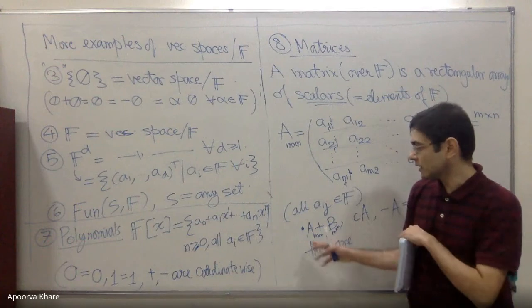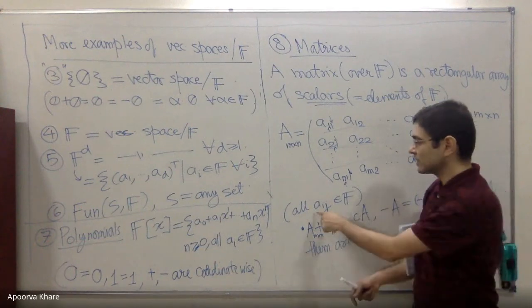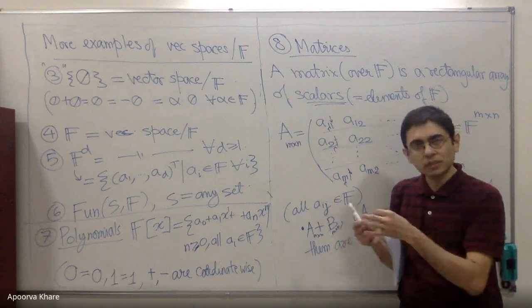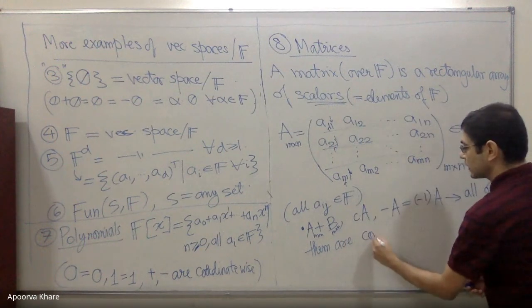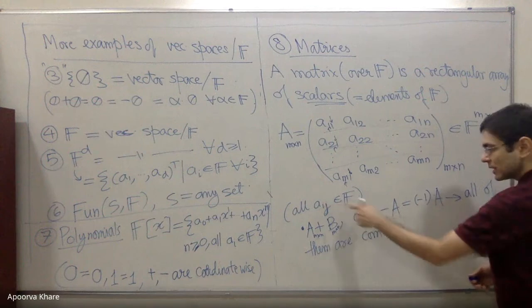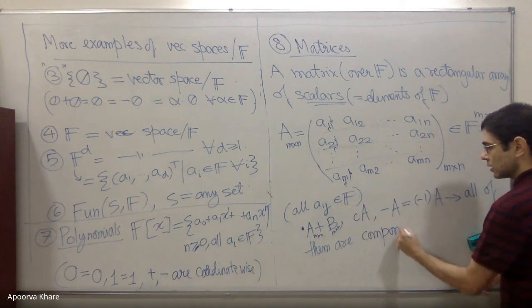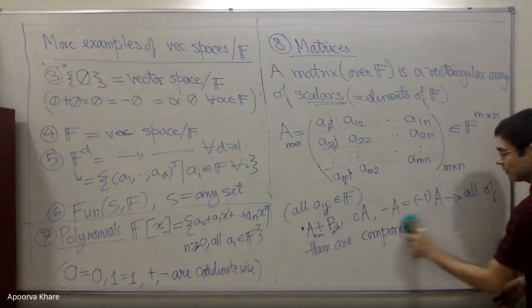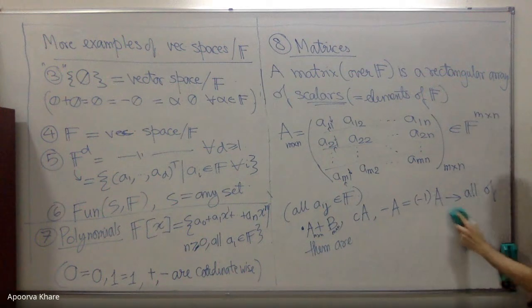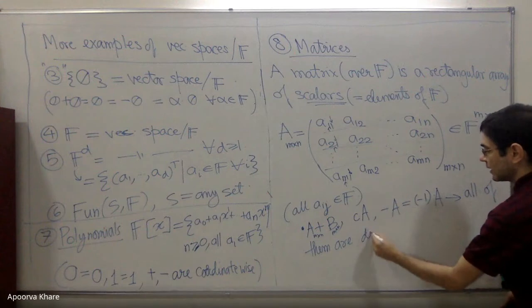So what is the ijth entry of this thing? It is the ijth entry of A plus the ijth entry of B. You just add them component-wise. Similarly, C times A is C times Aij in every entry. I'll just say defined entry-wise.